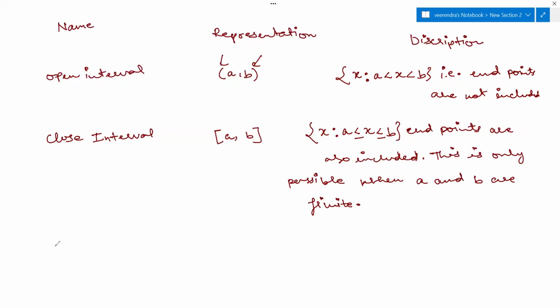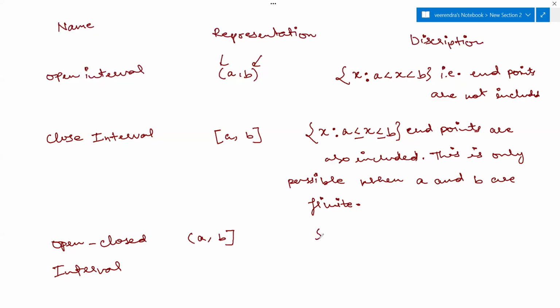Next one is open closed interval. Means semi-open, semi-closed, that also we can say. Open closed interval, which means A and B. At A we have open, at B we have close.